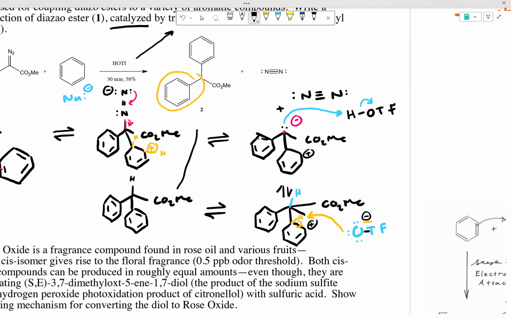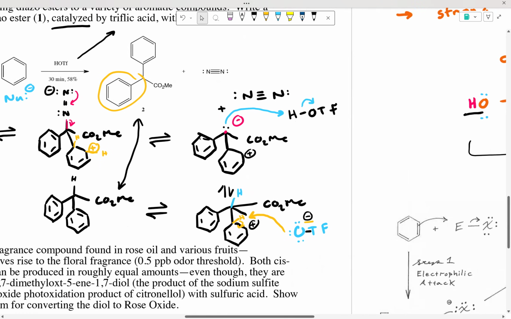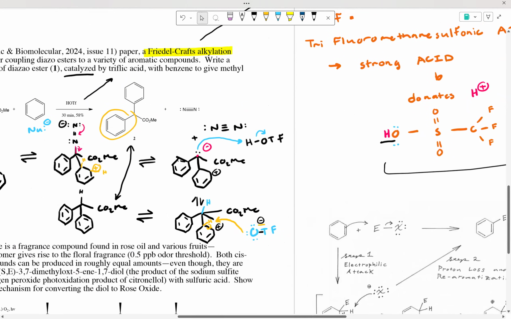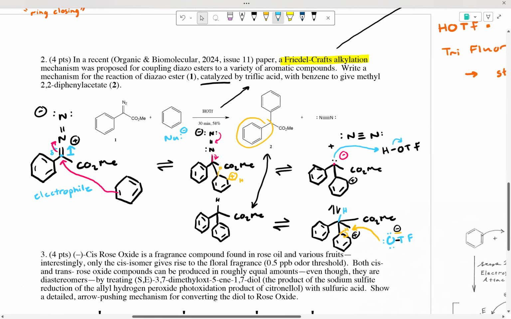And these two are the same. So we did it, and we generated our catalyst as well. So that's how we know that the reaction worked out too, because our catalyst was consumed in one step and then reproduced in another step.